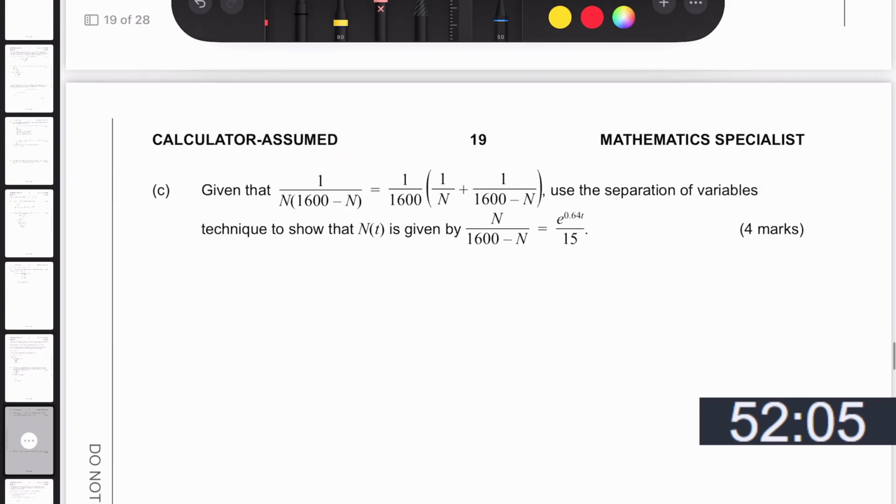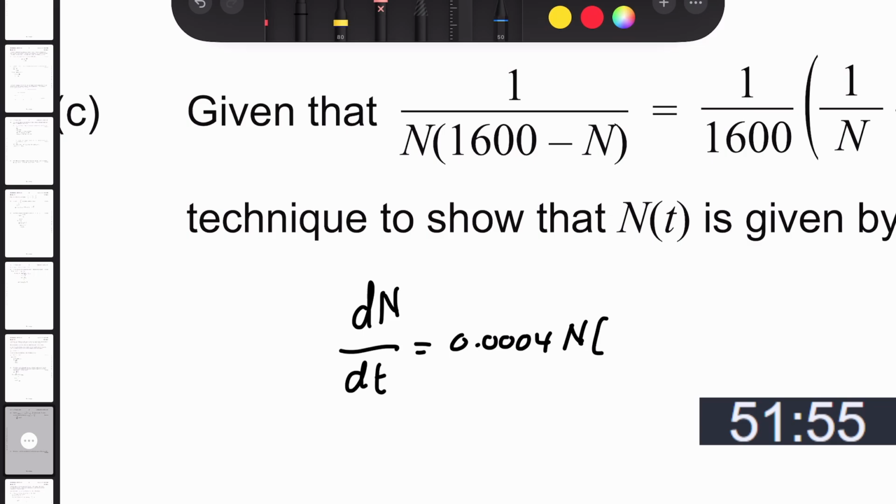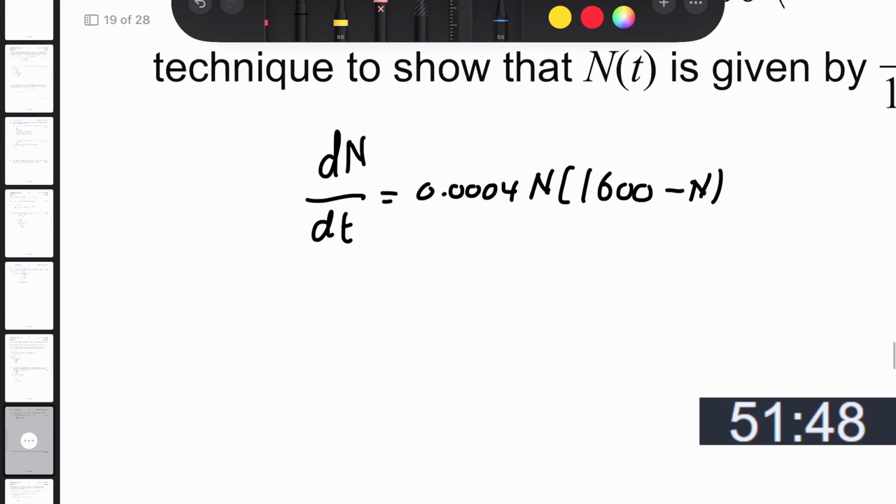Okay, so dn/dt is equal to 0.0004 n(1600 minus n). So then let's move the n's over.